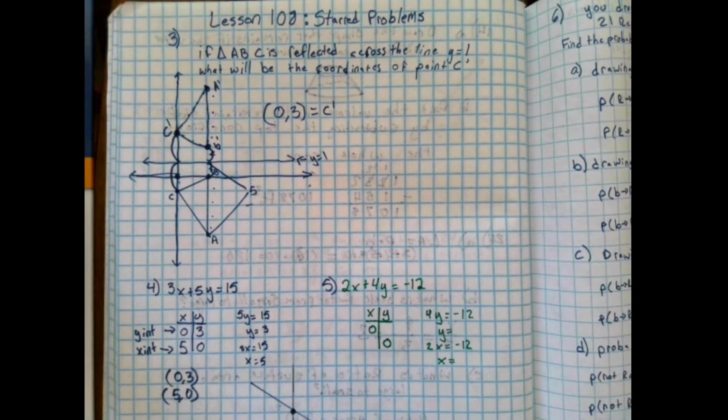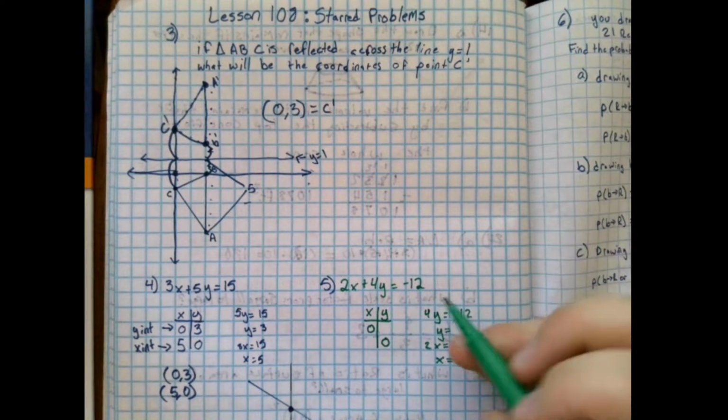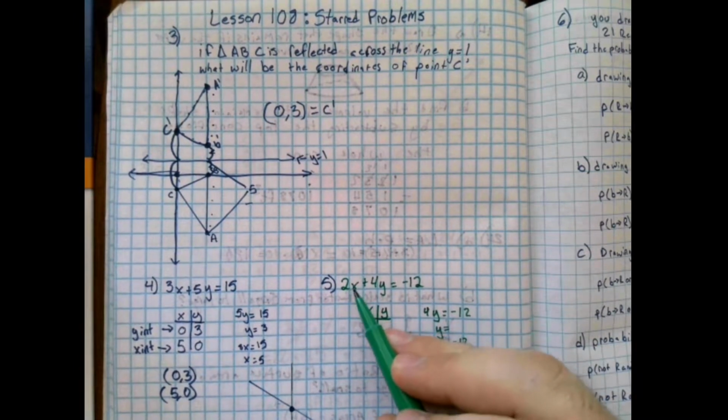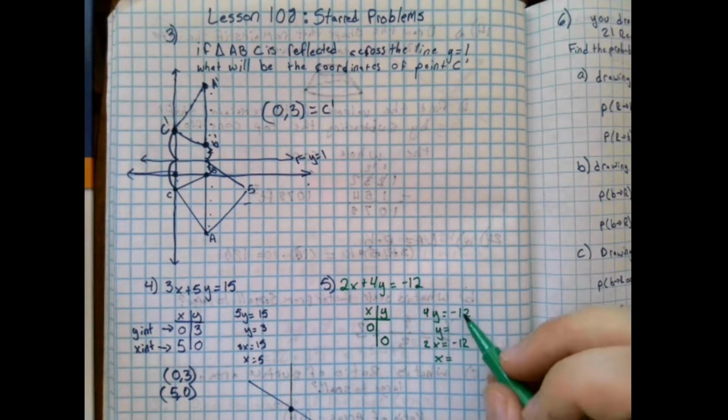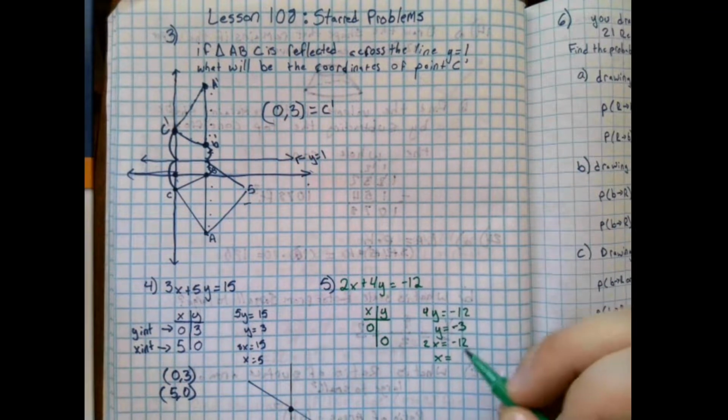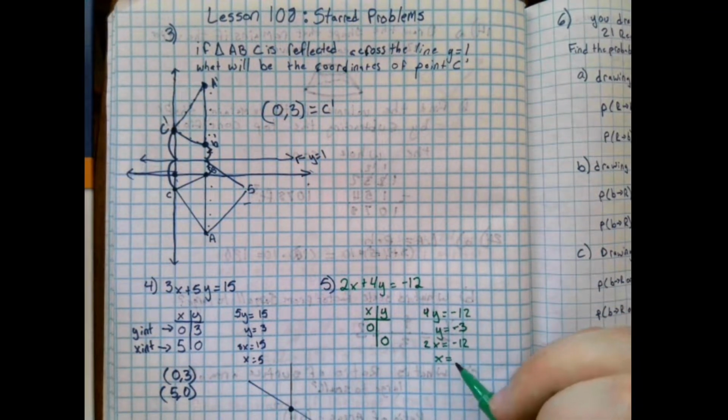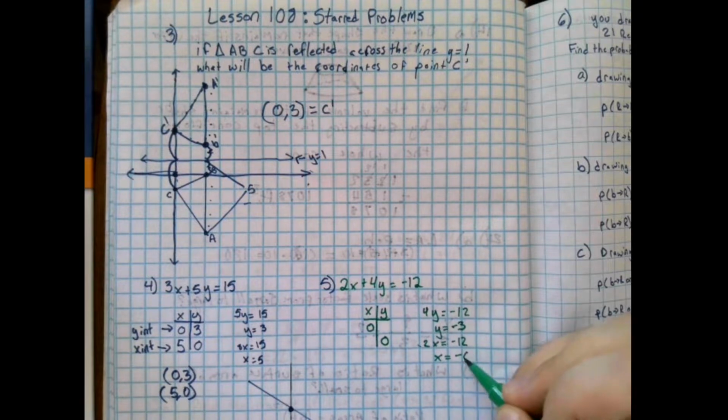Then for question 5, we have 2x plus 4y equals negative 12. If x is 0, we just have 4y equals negative 12. Dividing both sides by 4 would give us negative 3. If 2x was equal to negative 12, dividing both sides by 2 would give you negative 6.